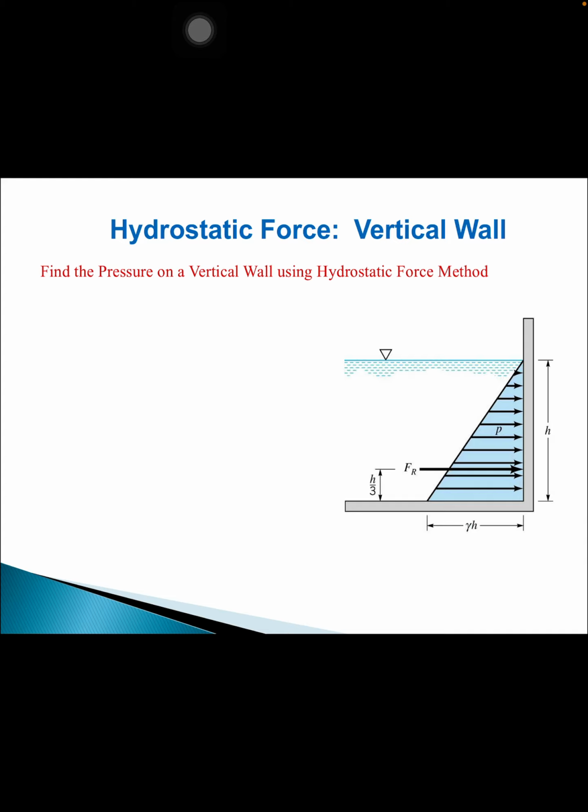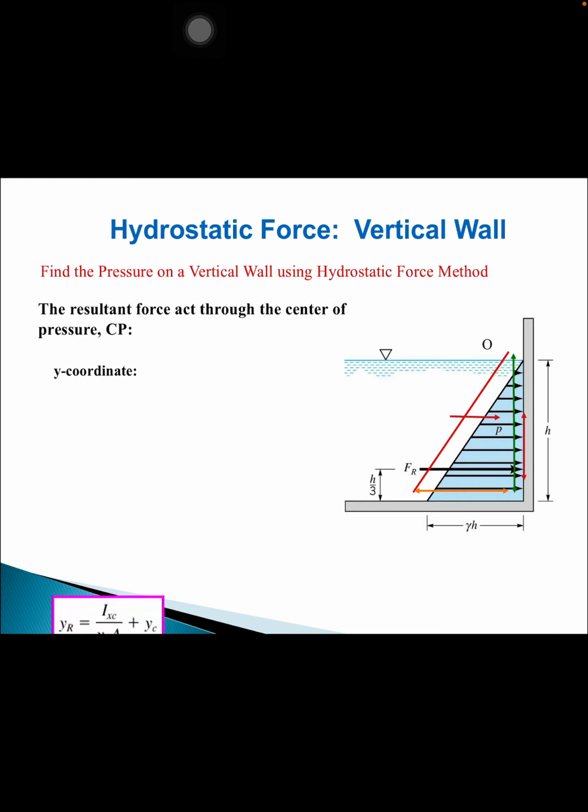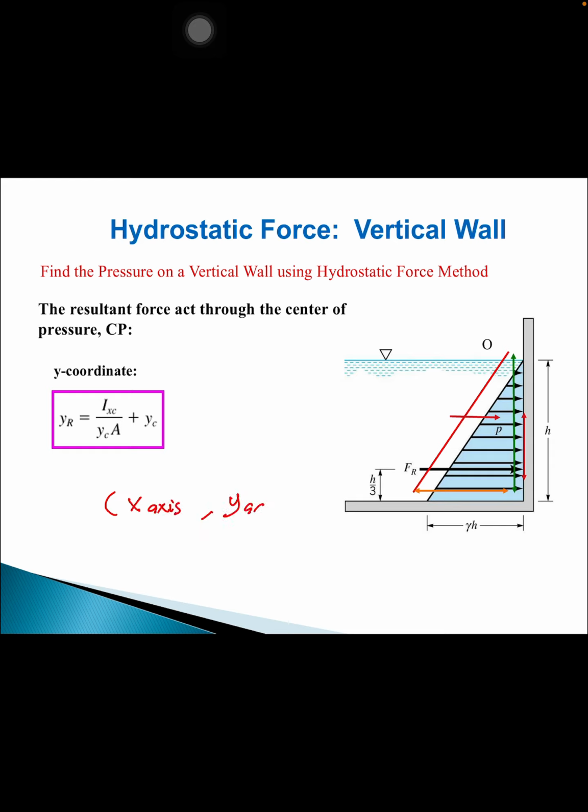Okay, here is the equation for calculation of YR, where the location of your center of pressure will act. This is for the Y coordinate. Location means that you have to know the value of the X axis and also the Y axis, right?